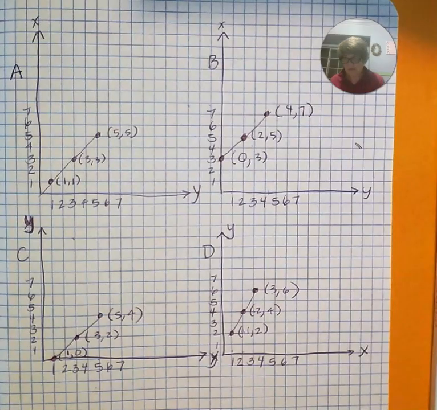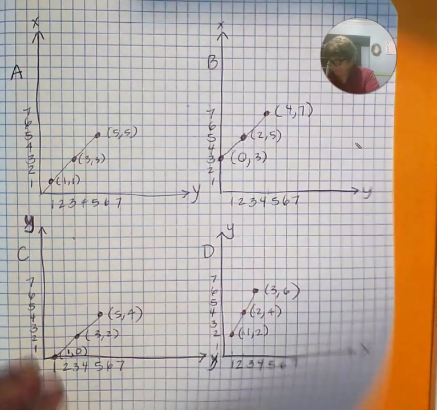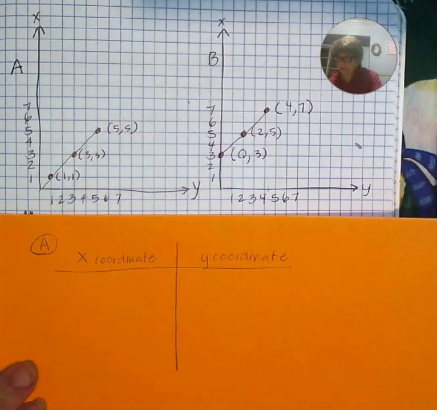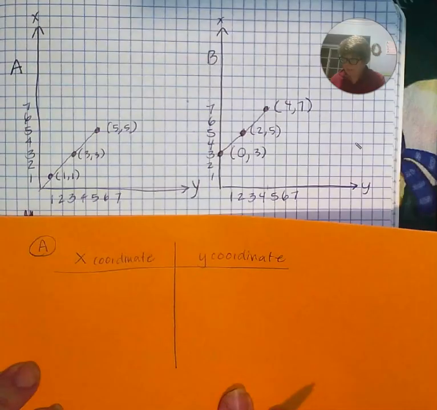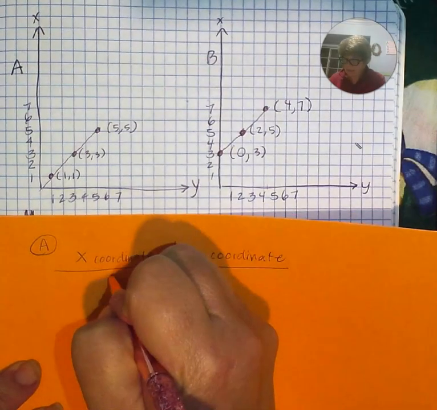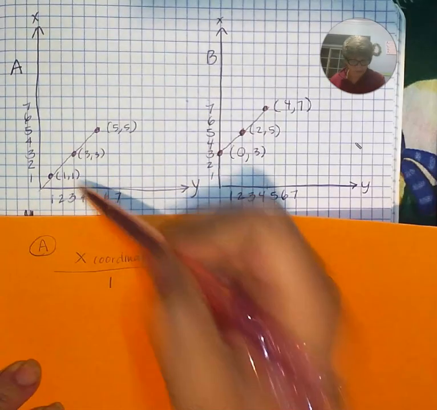Okay, so now let's just look specifically at A. And looking specifically at A, we're going to write down the X coordinate and the Y coordinate. So our X is 1, our Y is 1 in point 1, 1.